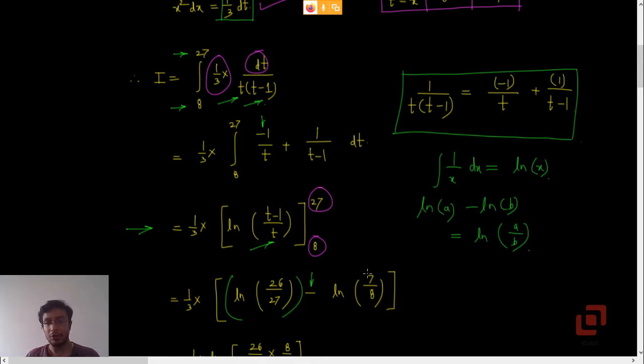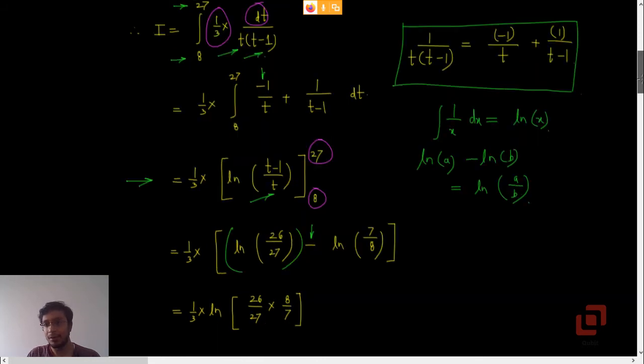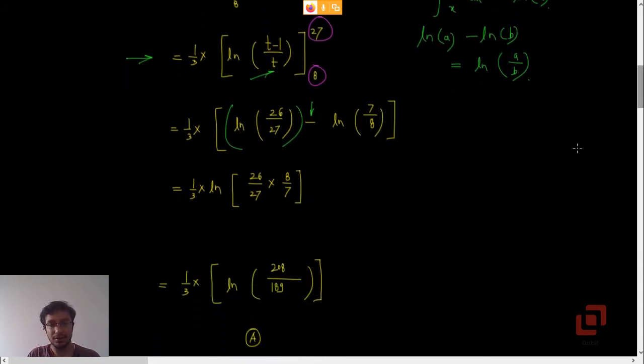Okay, so minus log of 7 upon 8 because now t is 8. If you simplify it, you will end up getting 1 upon 3 into log of 208 divided by 189.